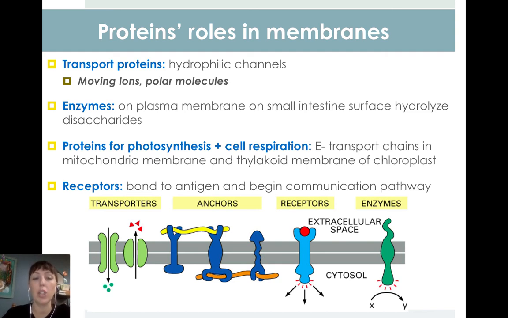There are enzymes, which are on the plasma membrane on small intestine surfaces, which hydrolyze disaccharides. There are proteins for photosynthesis and cell respiration, electron transport chains in the mitochondrial membrane and the thylakoid membrane of the chloroplast. And there are receptors which bind to antigens and begin communication pathways. So you see those transporters, receptors, enzymes, etc.